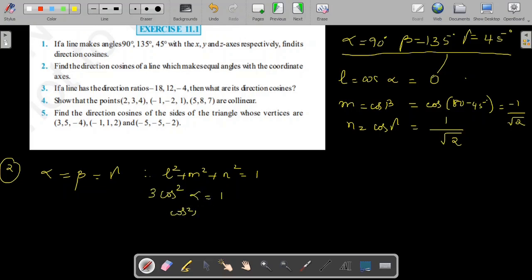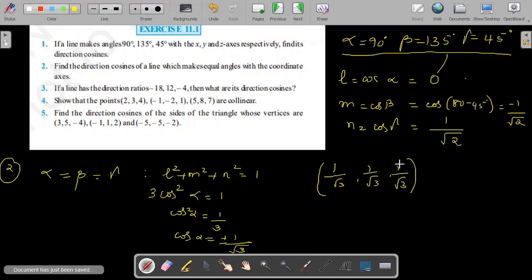Cos square alpha equals 1 by 3. Cos alpha is equal to plus or minus 1 by root 3, or just 1 by root 3 is also fine. Therefore, you have two sets of direction cosines: l, m, n equal to 1 by root 3, 1 by root 3, 1 by root 3, or minus 1 by root 3, minus 1 by root 3, minus 1 by root 3, the opposite direction.